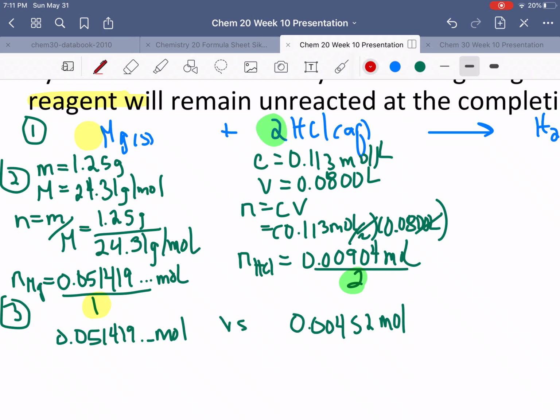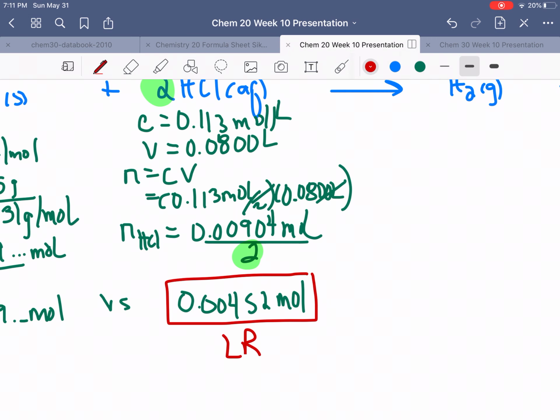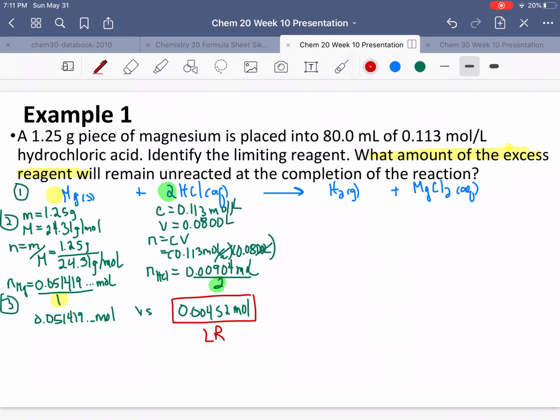Okay, compare those two values, guys. Which is smaller, 0.05 or 0.004? Well, this one, of course, right? Significantly smaller. Once we use the coefficients to compare, this is our limiting reagent. That's the one that runs out first. Okay, look at this question.